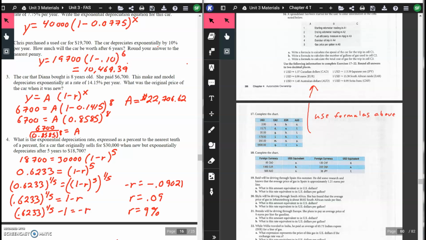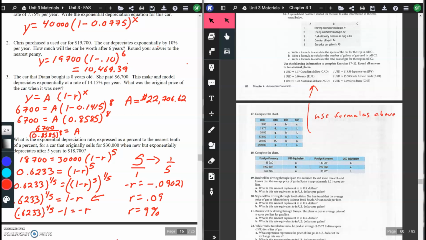If our power is 5, the reciprocal would be 1 over 5. So you're going to multiply both sides by 1 over 5. That gets rid of your power. On the right side, you're left with 1 minus r, and on the left side, 0.6233 to the 1/5 power.